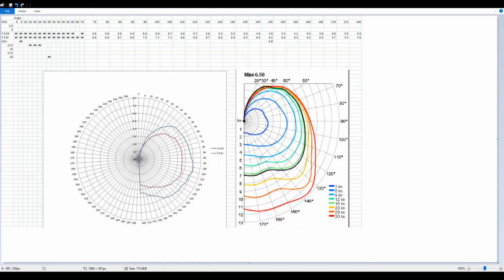Now let's move on to some polar diagrams. So let's look at a real polar chart for a Mini Transat 6.50, and what this is showing is the speed in knots. So this is the boat speed. We have the angle of attack, which is our TWA, so 20, 30, 40, 50, all the way around.